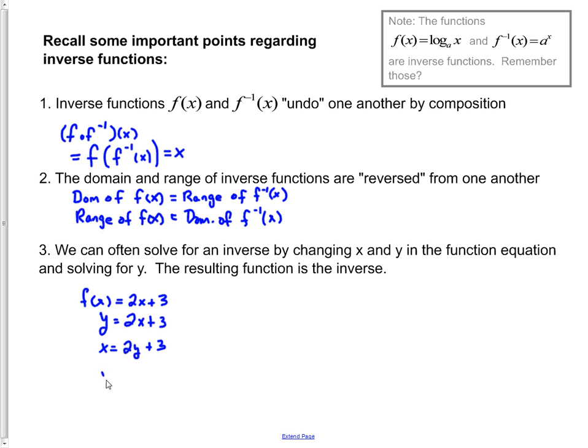Talking and writing at the same time. x minus 3 equals 2y. So x minus 3 all over 2 is equal to y. Means that our inverse function is equal to x minus 3 over 2.